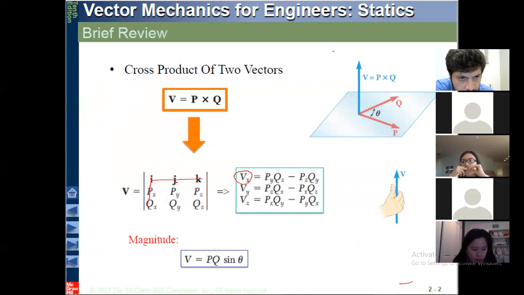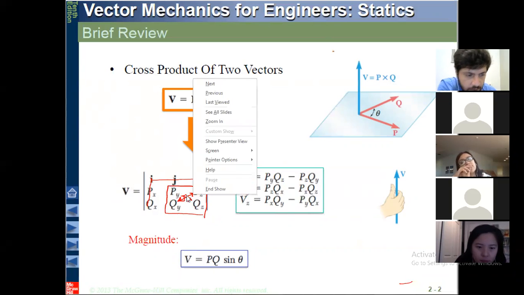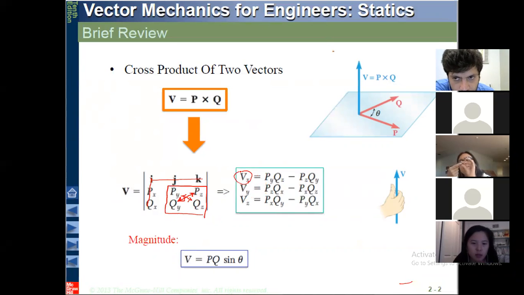So you cross ijk and cross the first column, and then multiply py by qz, which are the diagonal elements of the remaining matrix, py qz, and minus pz qy. This is how you calculate Vx: py qz minus pz qy.